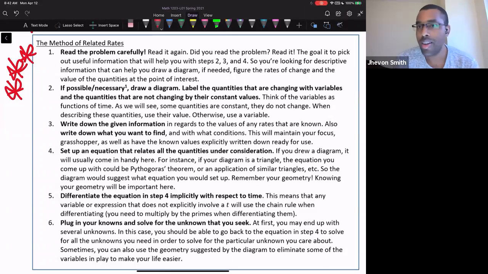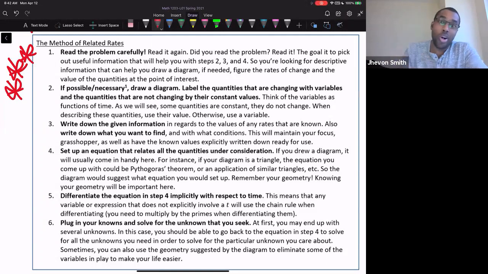So first, you're going to read the problem carefully. Students don't read carefully enough. Case in point, on the first test, I gave 5 points for writing down your name. And there were actually people who missed those 5 points because they didn't read the problem carefully. So don't let that happen to you.